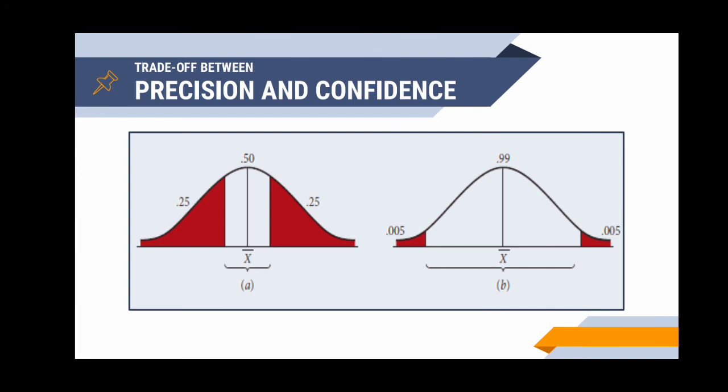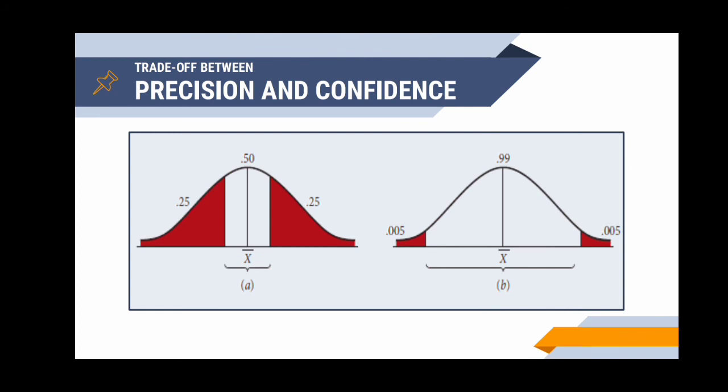In short, we have more precision but less confidence sa bell curve A, while high confidence but far from being precise sa bell curve B. Thus, it becomes necessary for researchers, para sa atin, to consider at least 4 aspects while making decision in the sample size needed to do the research.